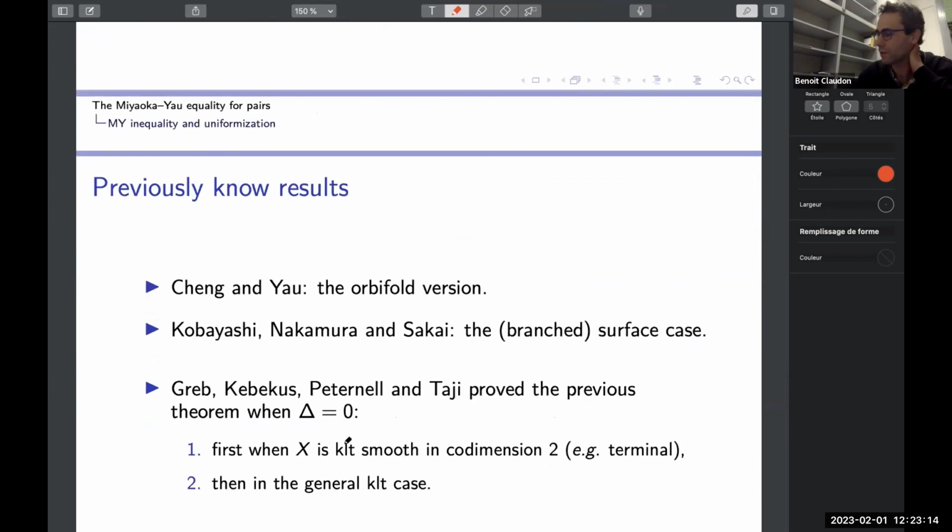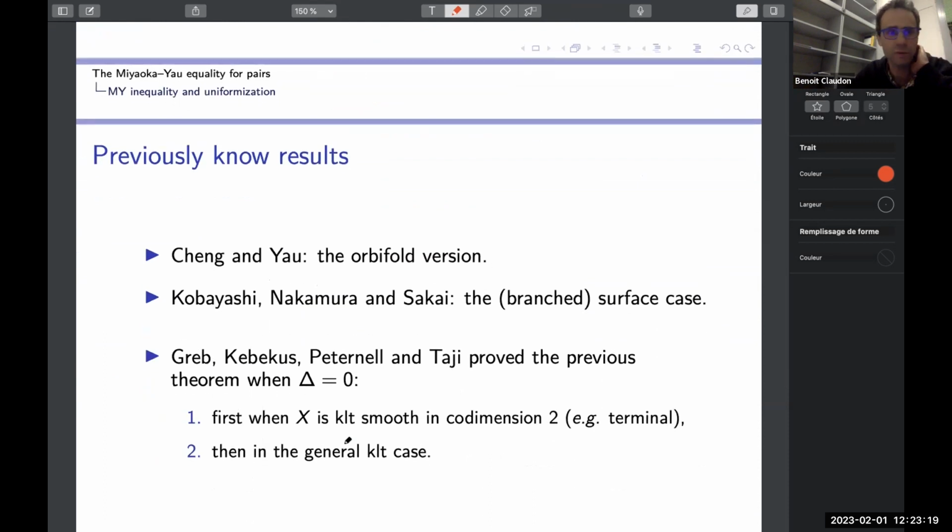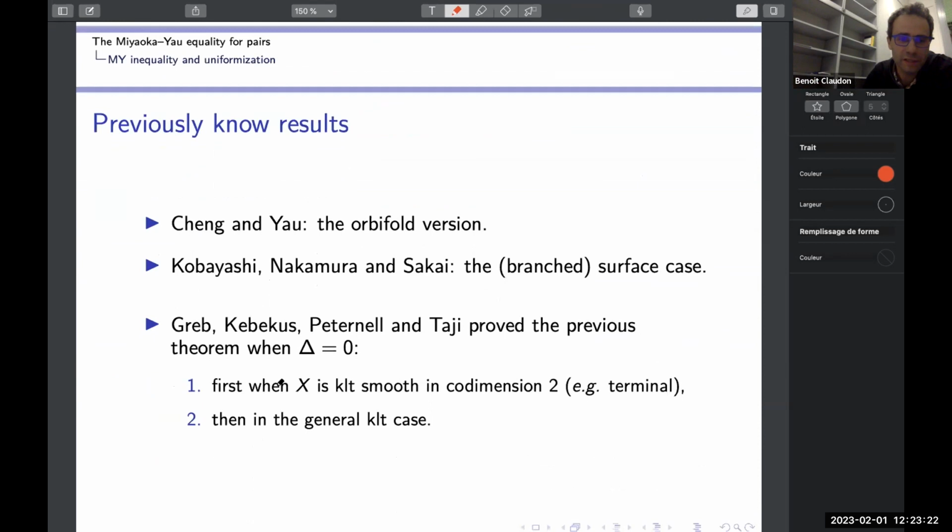Okay, so just a few words about the history, and in some sense it's a motivation for this work. In a quite old paper now, Cheng and Yao proved the orbifold version. And a few years later, it was proven by Kobayashi, Nakamura, and Sakai that this inequality holds in the KLT setting in the surface case.